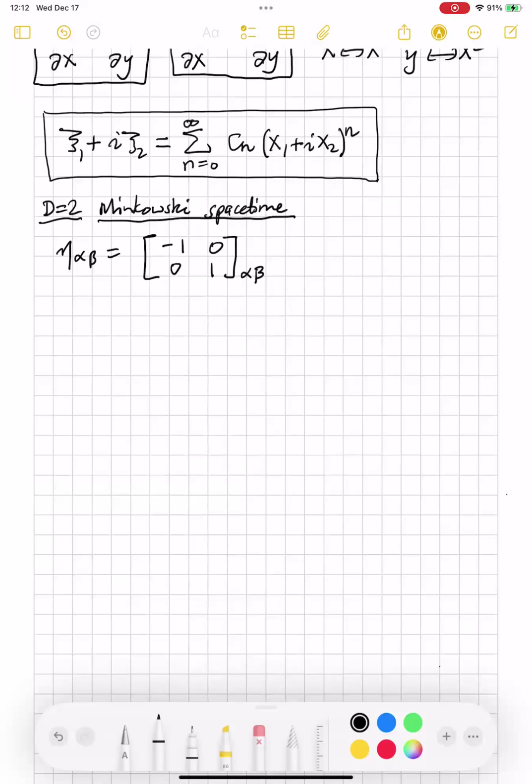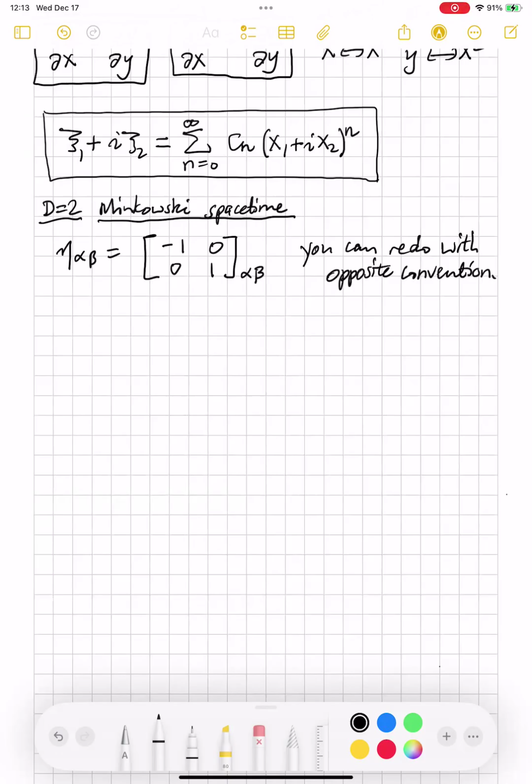You should be able to work with either convention. So if you don't like this choice, you make a different choice and you work it out. I suggest you can redo it with the opposite convention. Okay, that's very easy to do.